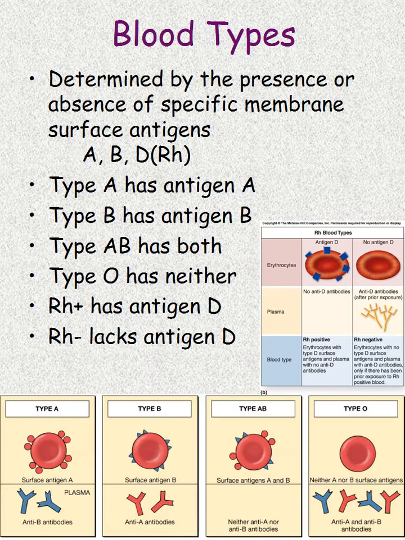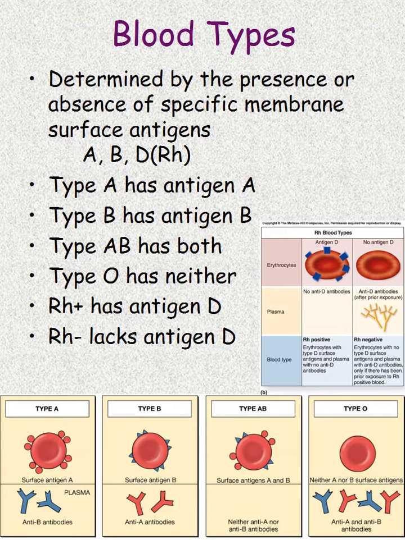With this, we have specific antibodies that travel in the blood plasma, and an antibody is a protein produced by a white blood cell, the B lymphocyte, designed to recognize and immobilize a specific antigen it perceives as foreign to the body.